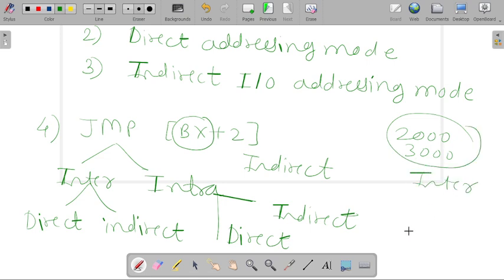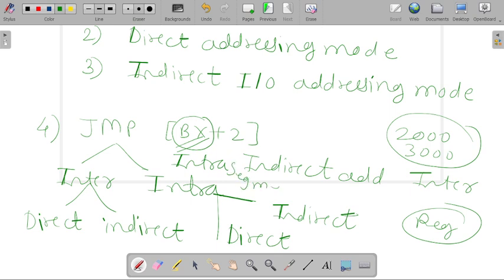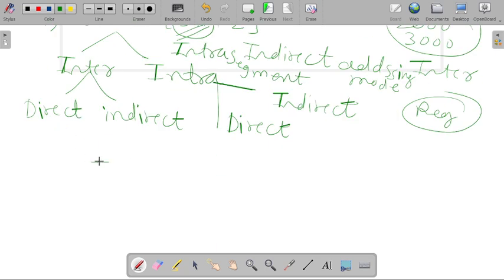But here we have specified a register in our instruction, that is the BX register. So we are writing here intra segment indirect addressing mode. So the answer for the question is intra-segment indirect addressing mode.